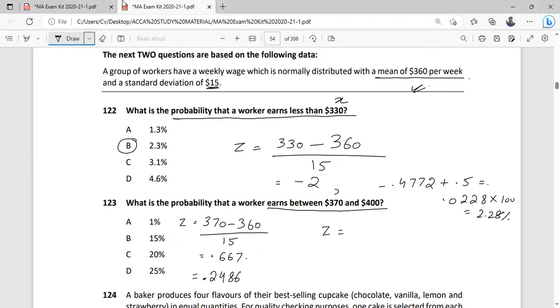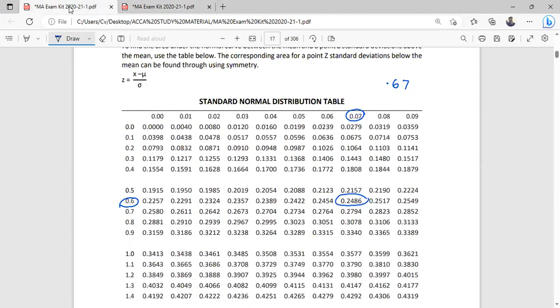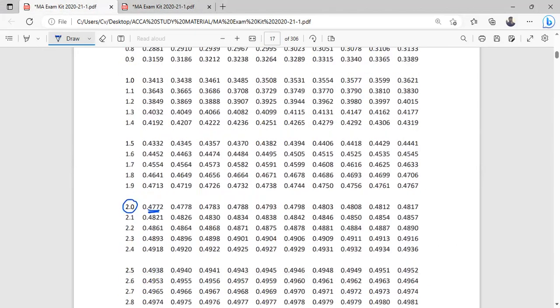Then the next one is 400. Value of Z is 400 minus 360 divided by 15. So here we have 2.666. Once again, we will go to the distribution table. It is basically 2.67. So this value is 2.6, and this one is 0.07.